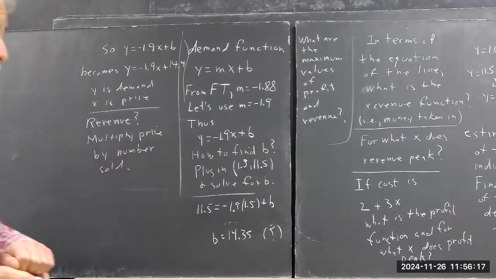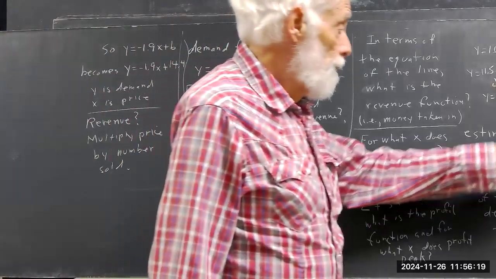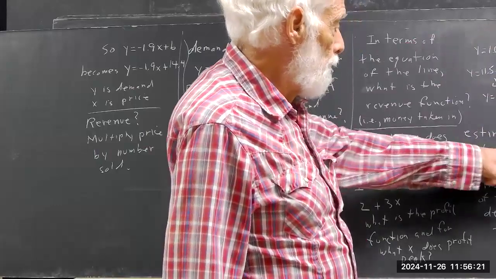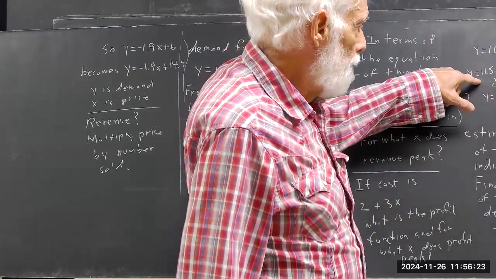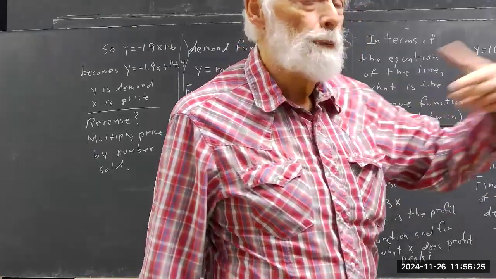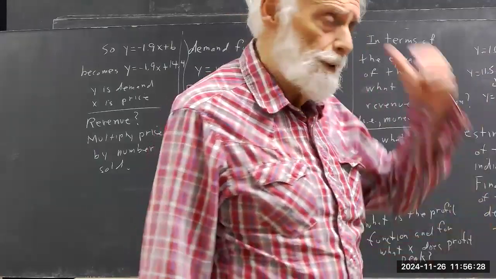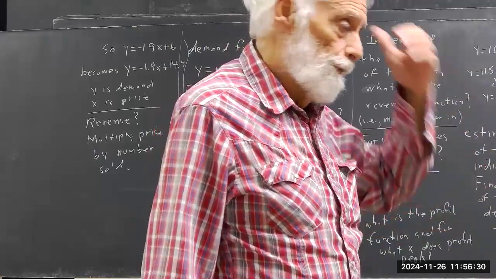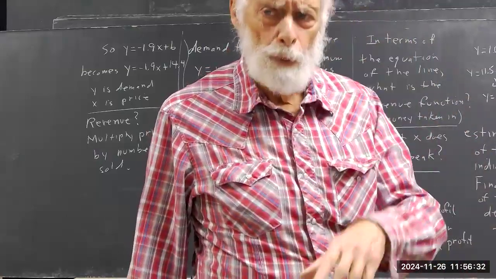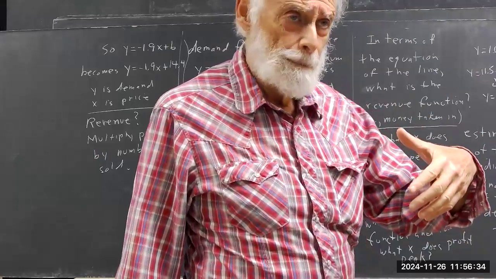We already did that when we looked at these points and said, okay, if I sell 11 and a half of them at $1.50, I'm going to make $28.75. I'm going to take in $28.75. That won't be my profit. That's how much money I'll take in.